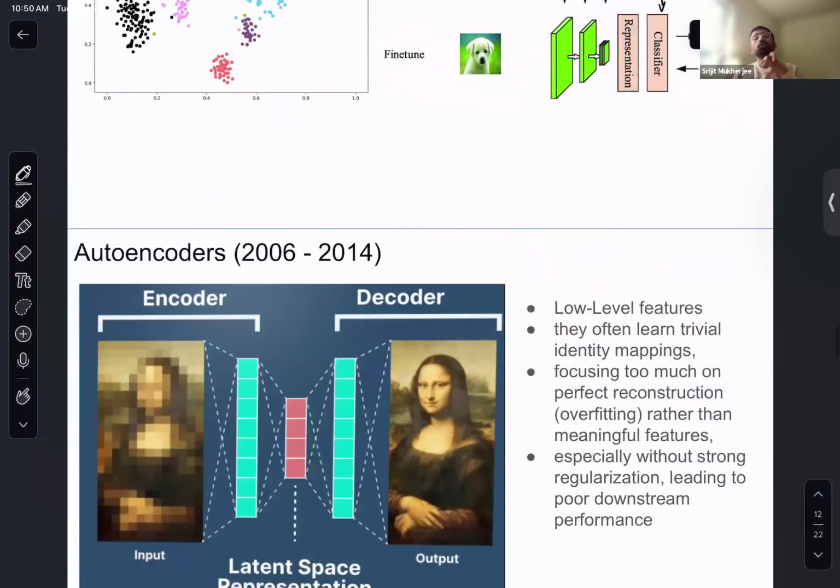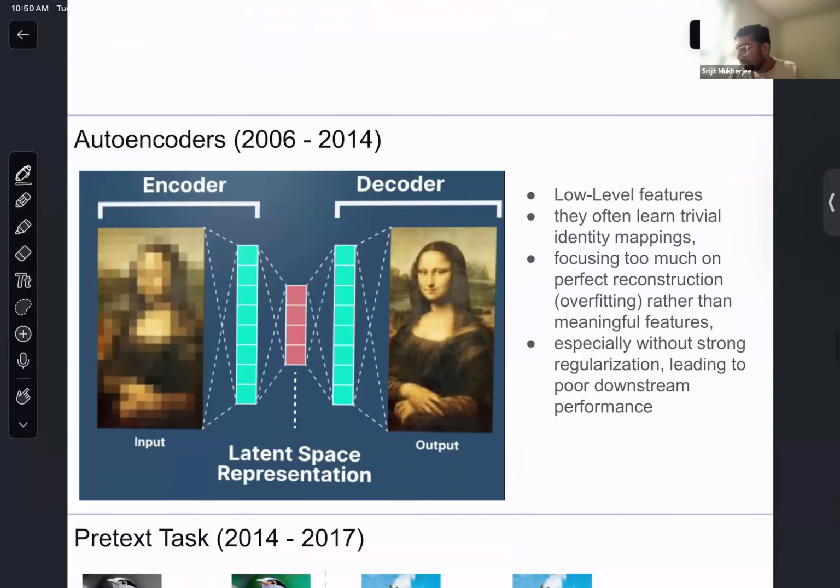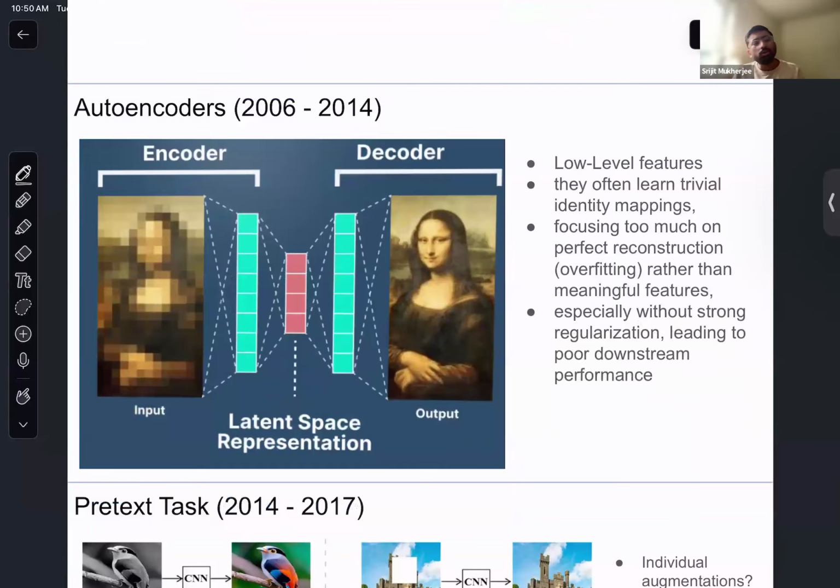Today's main goal is to understand how self-supervised learning has evolved over time. The first self-supervised learning that came up is the autoencoder from the early 2000s. The whole idea was that you encode an image and try to recreate the image. In the process, you find these latent space representations.